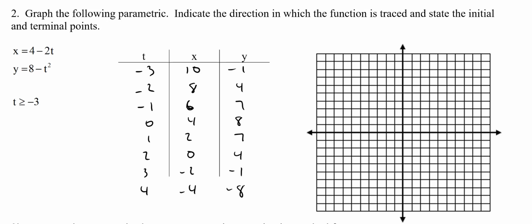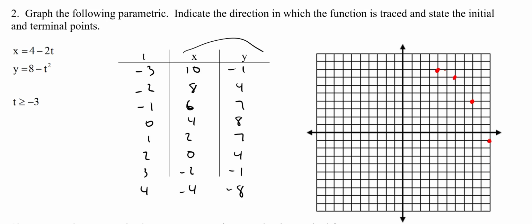Okay, so if I go ahead and plot these, again, remember you're just plotting the x and the y. So 10, -1. Let me plot it in a different color here again. 10, -1 is right here. 8, 4 is right here. 6, 7 is right here. 4, 8 is right here.